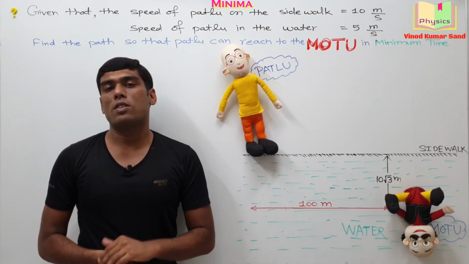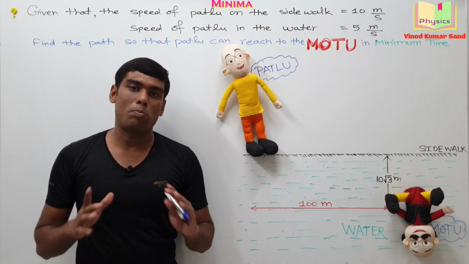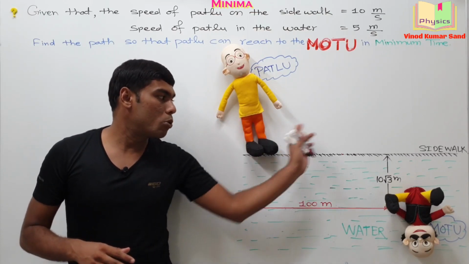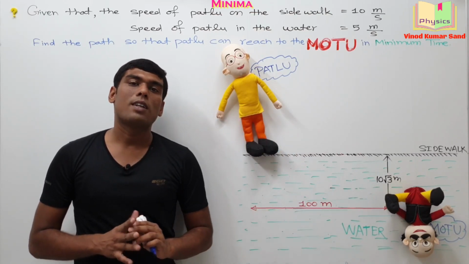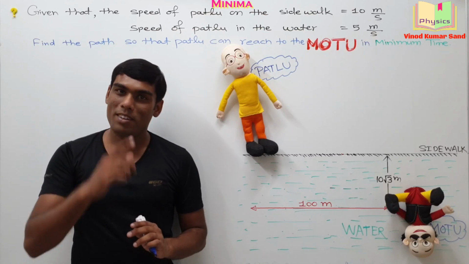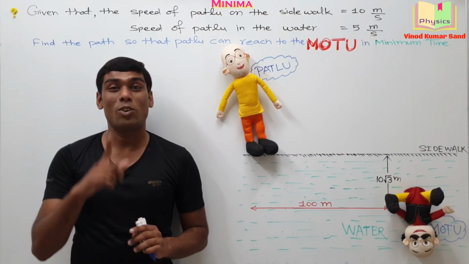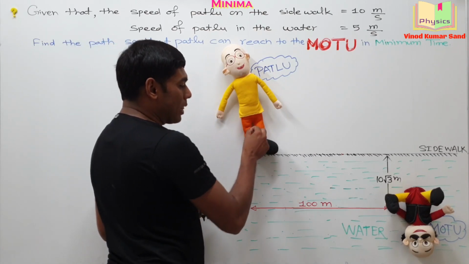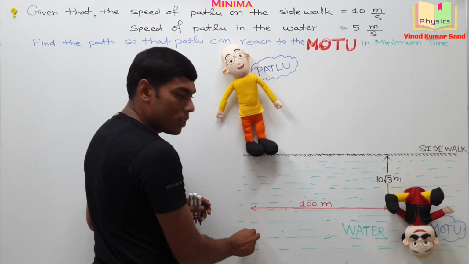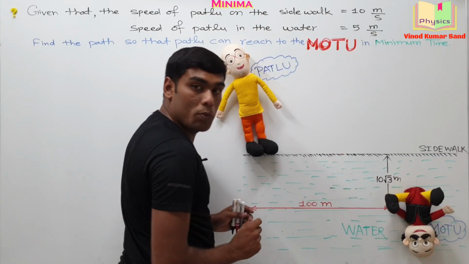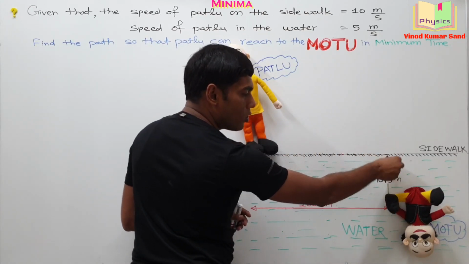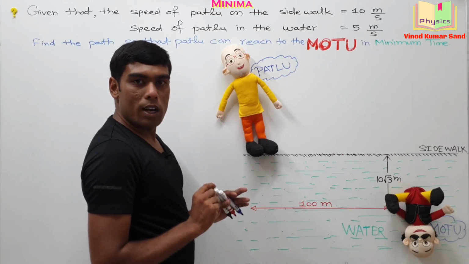My first question is, how many such paths are possible? In how many ways can Patlu go to Motu? The answer is infinity. You have read it earlier in the optimization problem. Recall it. Patlu can directly jump into the water and then swim toward Motu. Patlu can run along the sidewalk and then jump towards Motu.